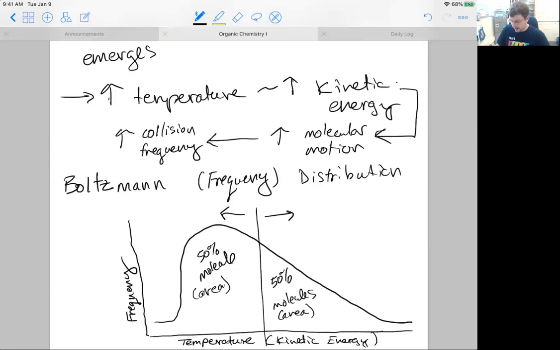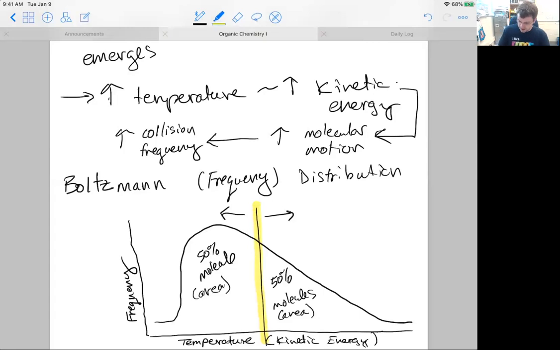Okay, now what I want to also add, that's a really helpful data point, that 50% left, 50% right, because what this line represents then is the average of our distribution. It's the middle point where half are above and half are below.